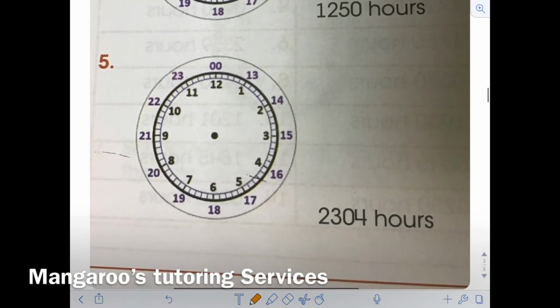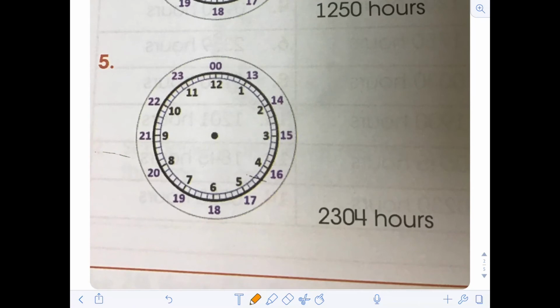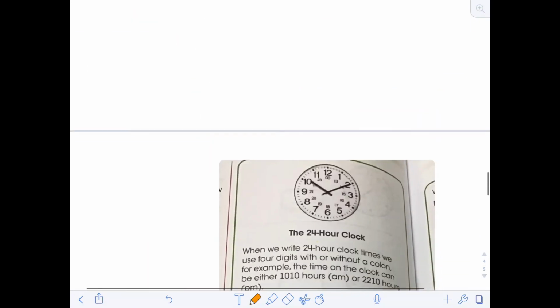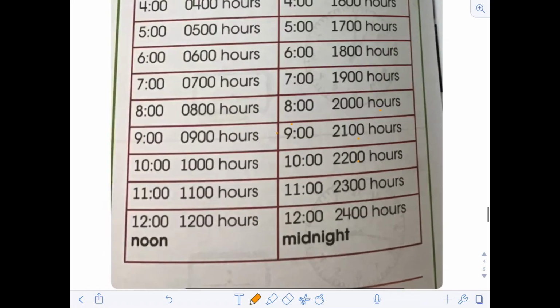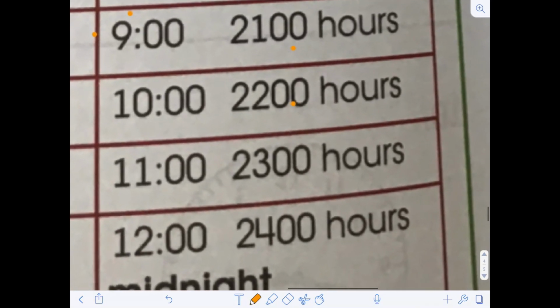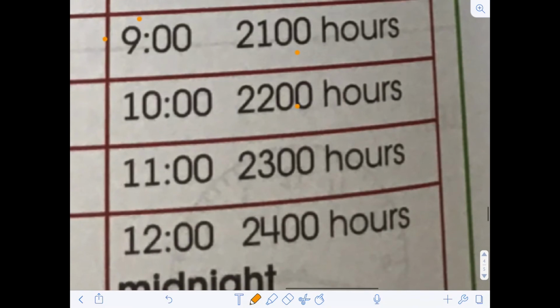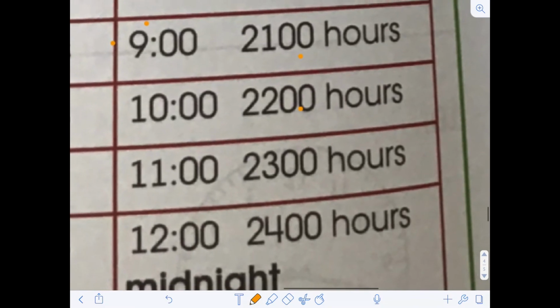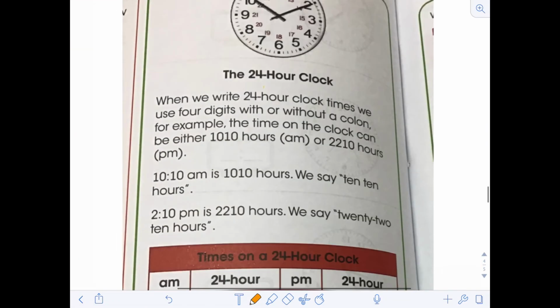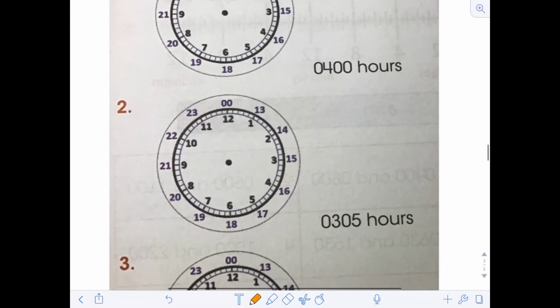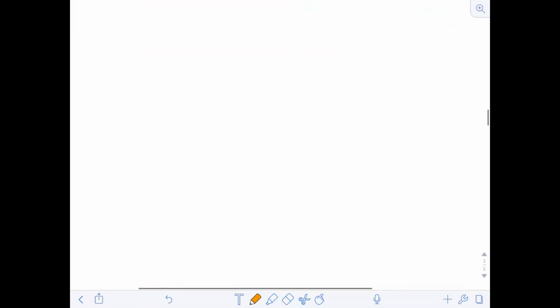Number 5, 2304 hours. Again, if we look at our table, we will see that 11 PM is 2300 hours, and 4 minutes would be 04. So 2304 would be 11:04 PM.